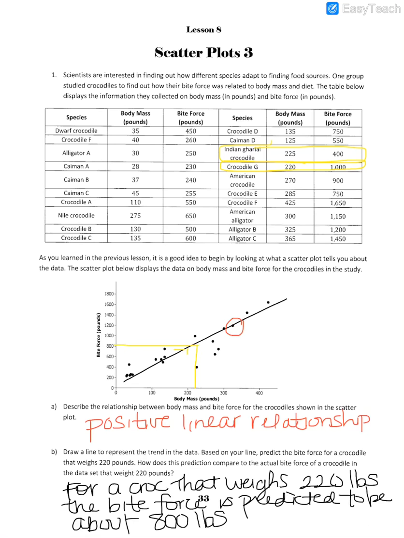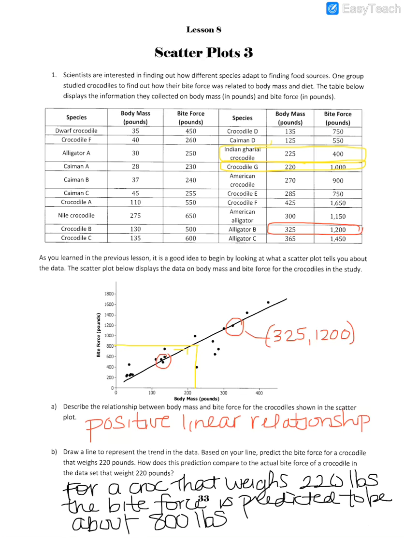That should be this point right here, 325, 1200. And then I think I'm also going to use one of these points down here in this cluster, since my line goes right through that cluster.